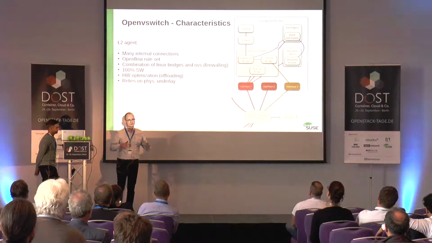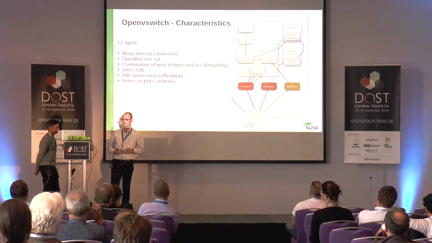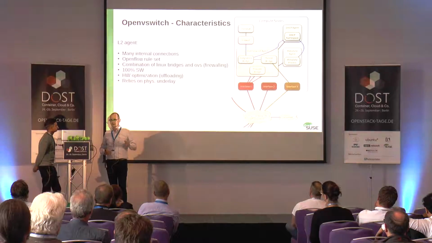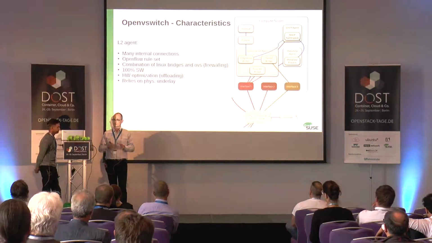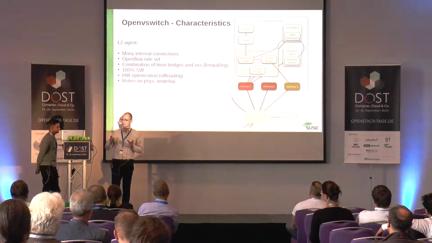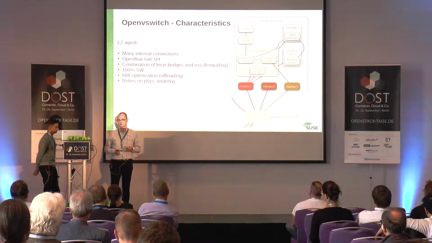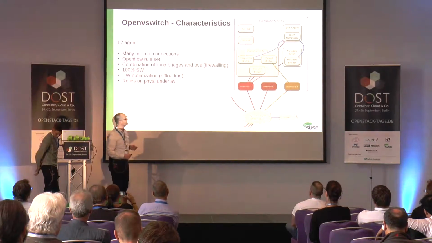The firewall in the default setup is created by a Linux bridge with an iptables rule set. Why is it an iptables and a Linux bridge? Because iptables cannot be connected to an Open vSwitch. So you have for each instance a single bridge with just two connections and a bunch of iptables rules in front of it. So this Linux bridge is connected to your integration bridge.